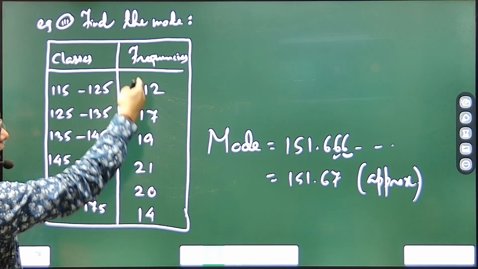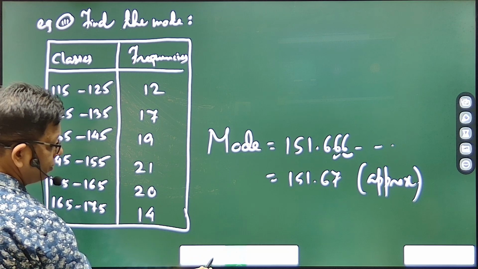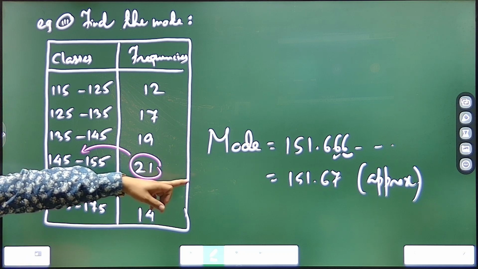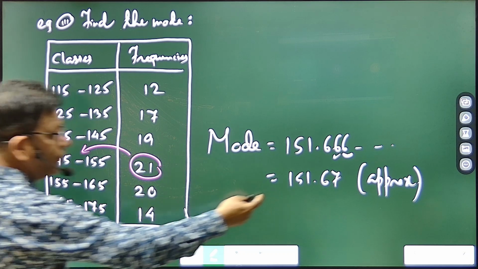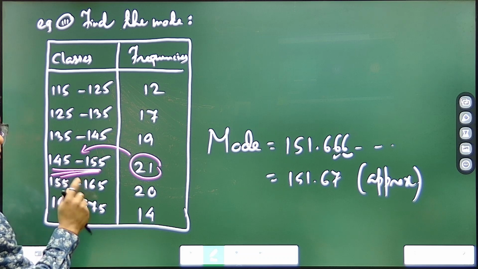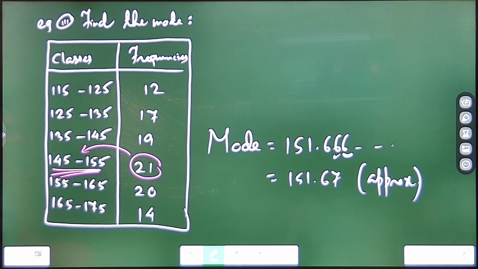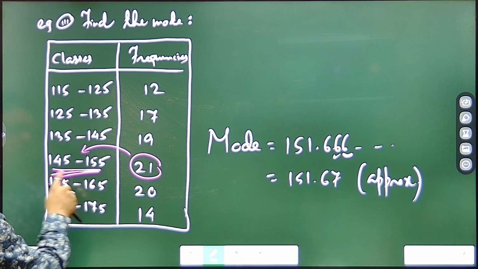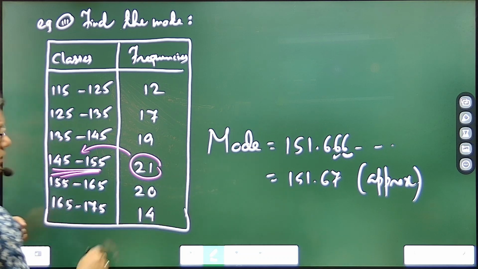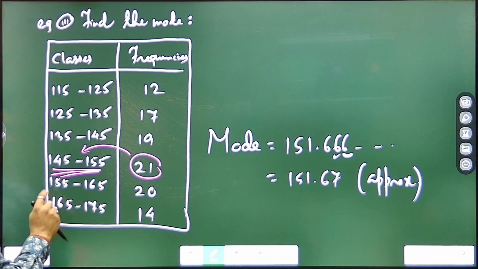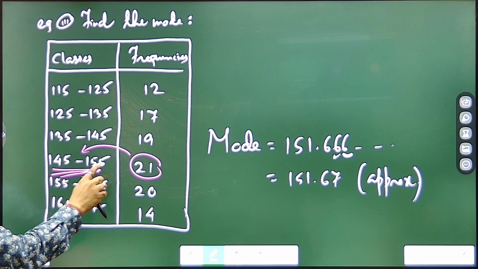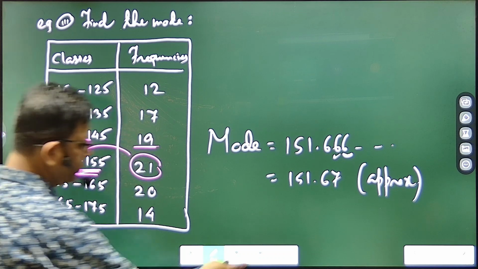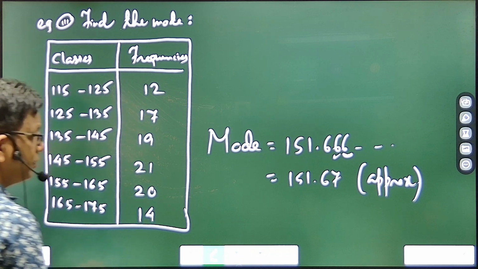Look at the board: the highest number is 21, so somewhere inside you'll get the answer. A number like 151.67 is more than 145 and less than the upper limit, so it is surely correct. If you get an answer beyond that, it might be wrong. This way you can understand whether the answer is correct or wrong.